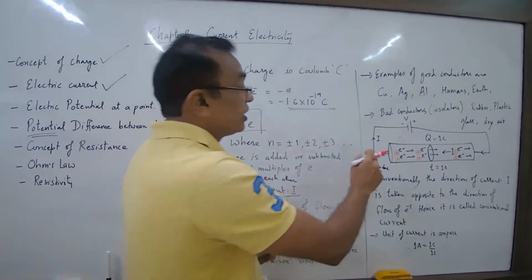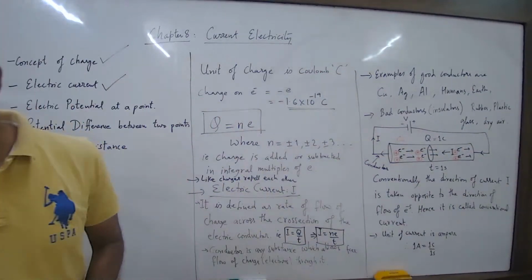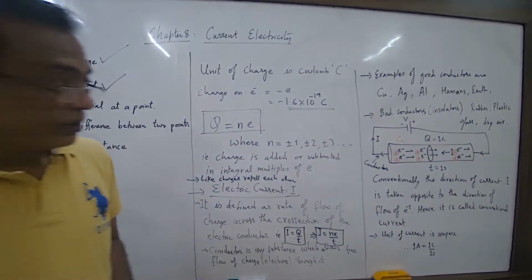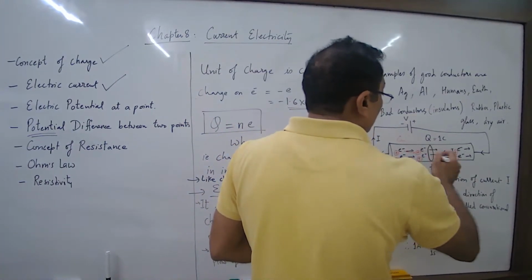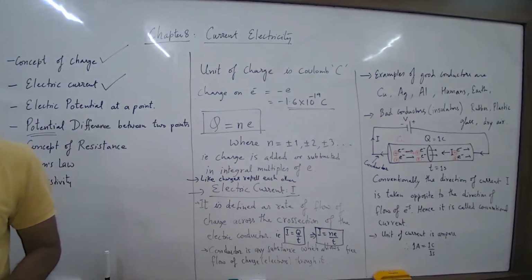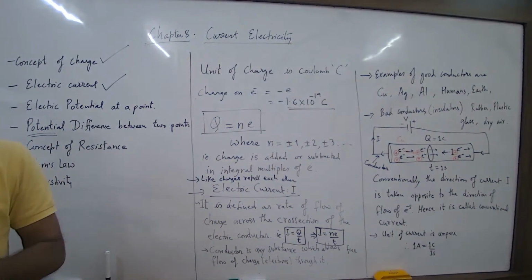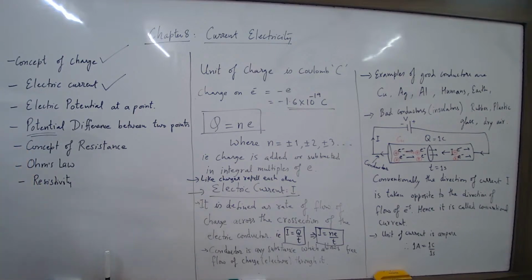So in a conductor, only the electron is moving, not the positive core. Whenever the electron moves, it collides, so it's not a free flow. It keeps colliding as it goes. So that is why the motion of the electron is obstructed, and that is called resistance. The measure of obstruction is resistance, right?